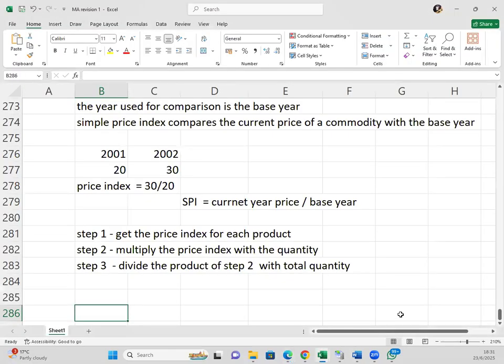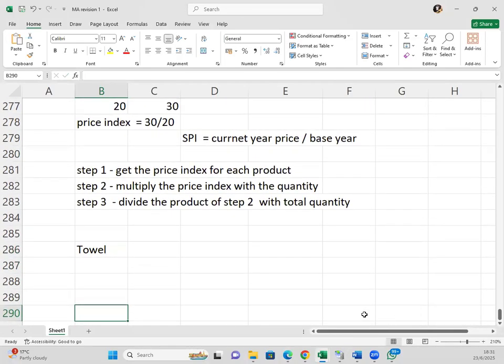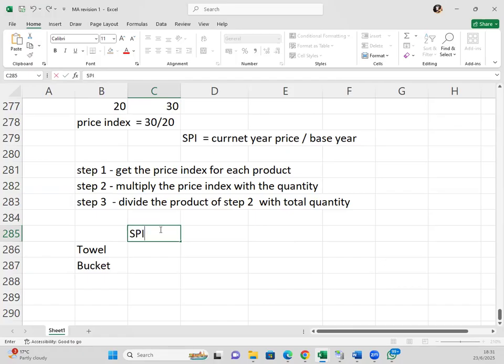So step one, we need for towel. So we have towel and bucket. So for towel, let's start with our price index. Remember we are saying the current year price.